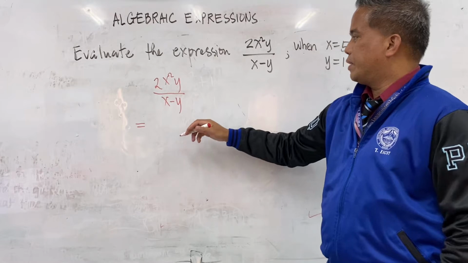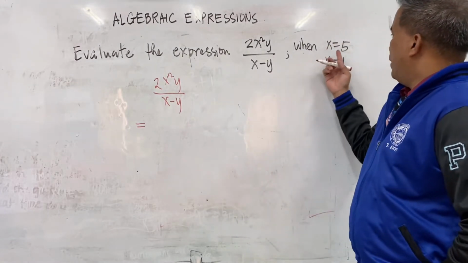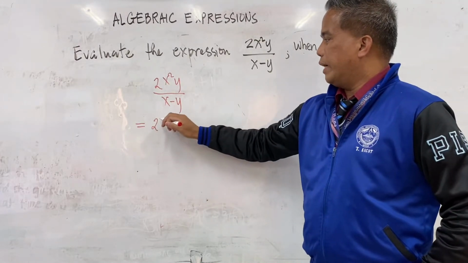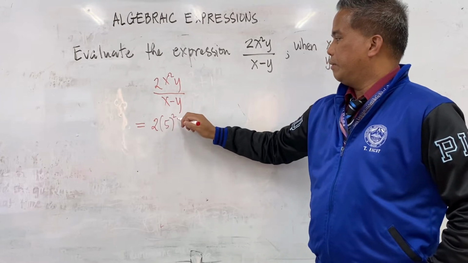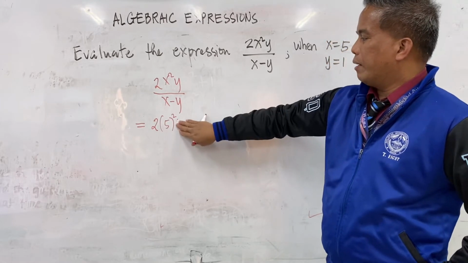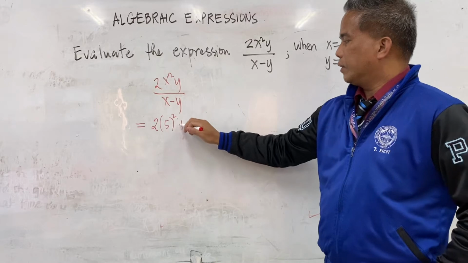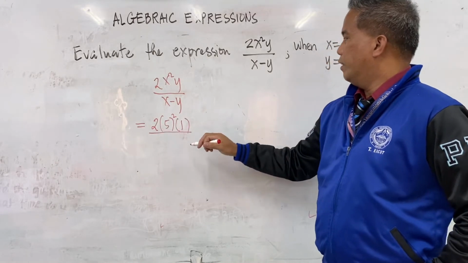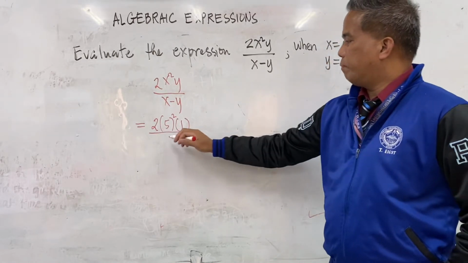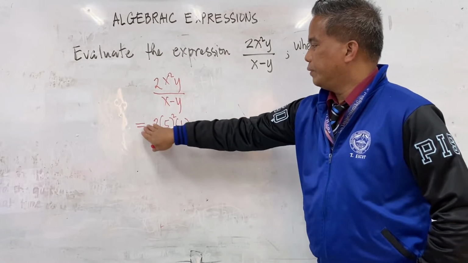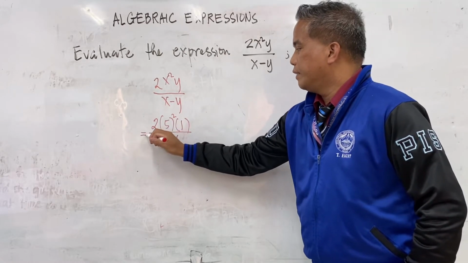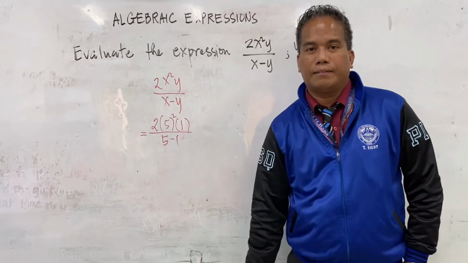Then after that, substitute. The value of x is 5, so 2 times 5 squared y. By the way, the value of y is 1. So times 1 over x minus y, so 5 minus 1.